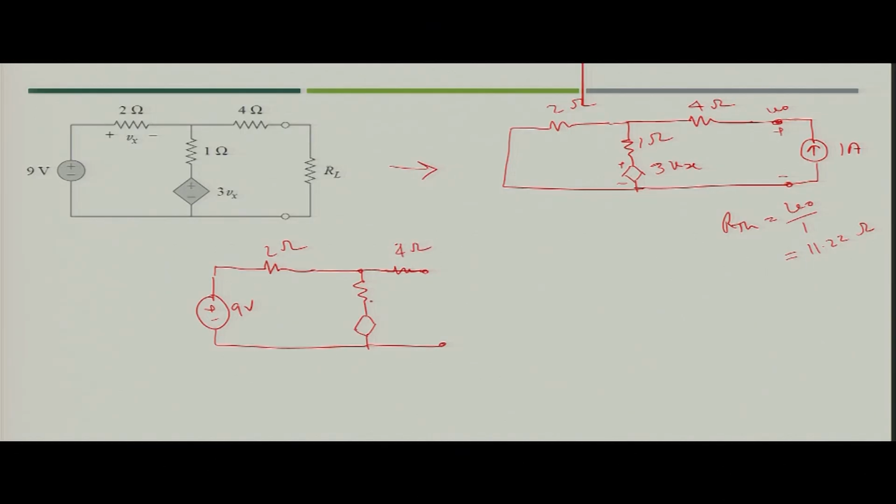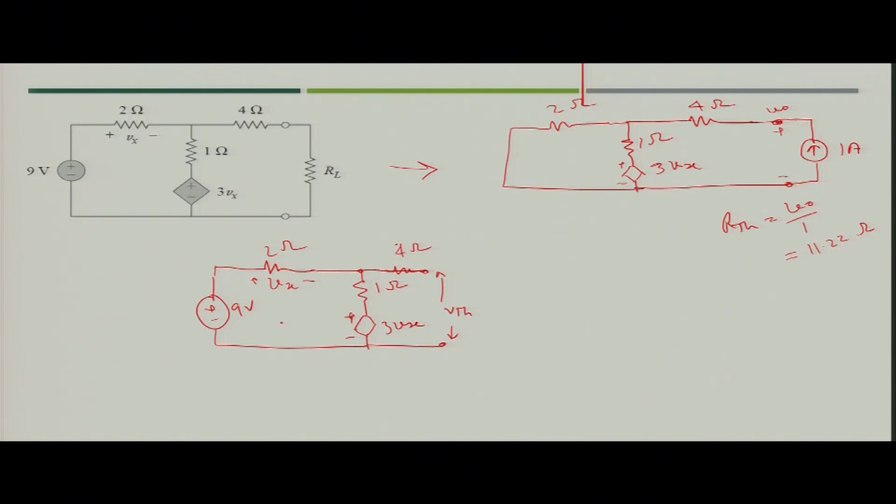So, here you can try to find out the value of V T H, where these 3 V x is there, and 1 ohm is the resistance along the 3 V x dependent voltage source, and the dependent variable for the dependent voltage source is the voltage across the 2 ohm resistance.